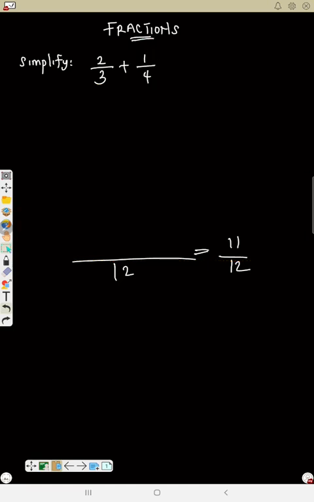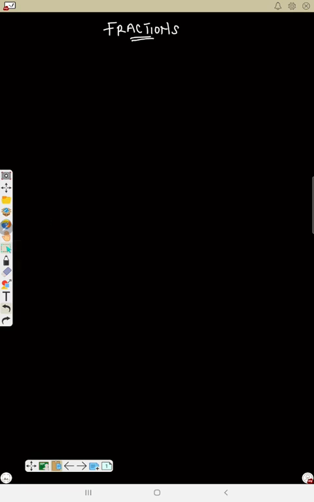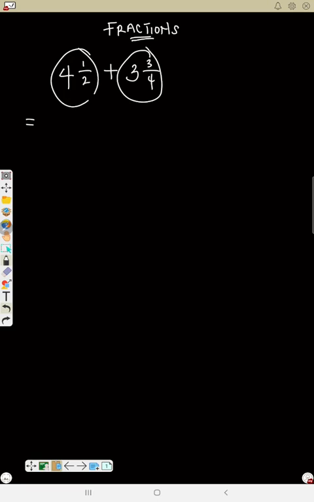So another one is, let's say we have 4 whole number 1 over 2 plus 3 whole number 3 over 4. Now we want to add this together. The first thing is what? Change everything to improper fraction.